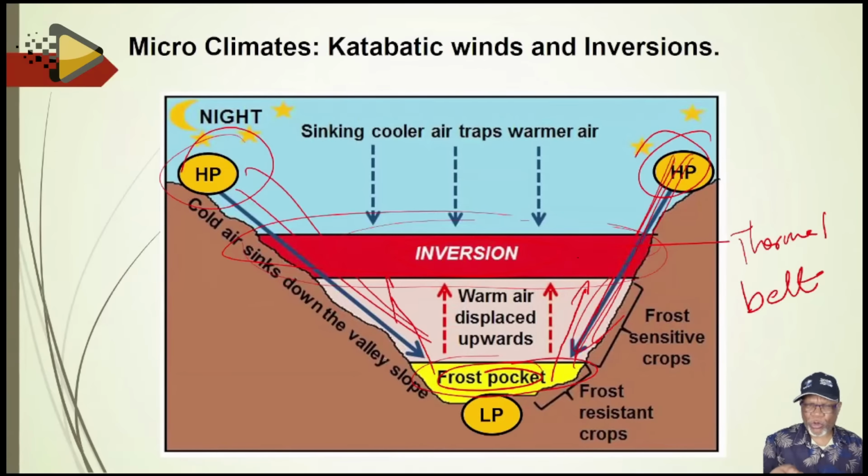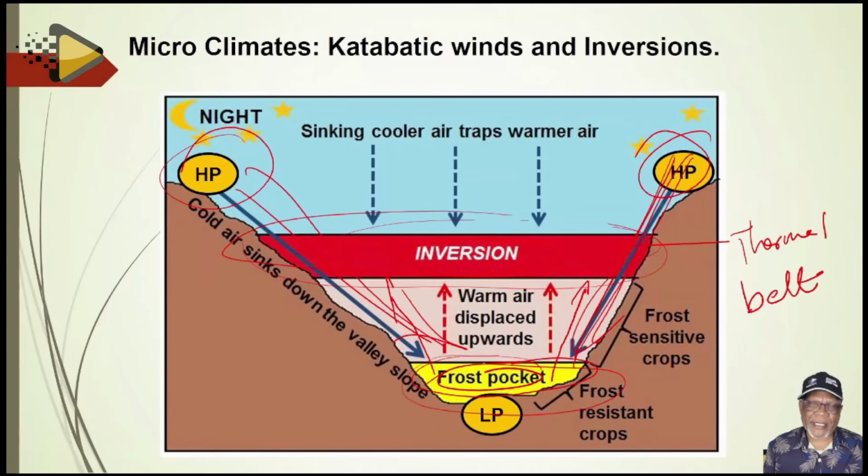When more and more cold air subsides, it accumulates at the bottom of the valley, dropping temperatures below freezing point, and we are going to get temperature inversion there. But here at the bottom, what do we call it? We call it frost pocket.